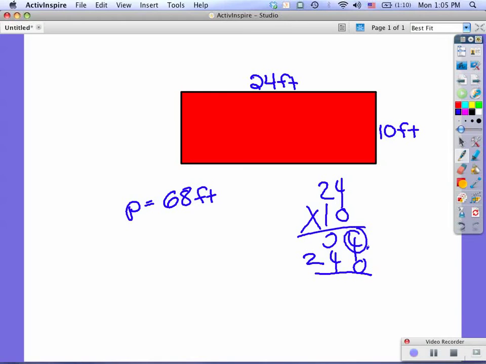Okay, so 240, area equals 240 squared. And remember, anytime you multiply by a 10, you just take the number and add a 0 onto it. If you multiply by 100, you take the number, add 2 zeros, because 100 has 2 zeros in it.